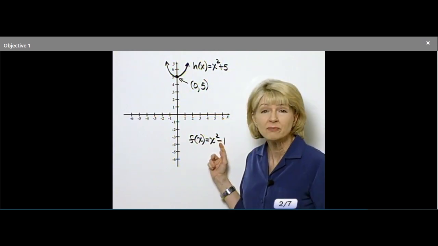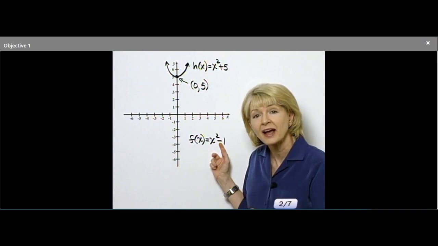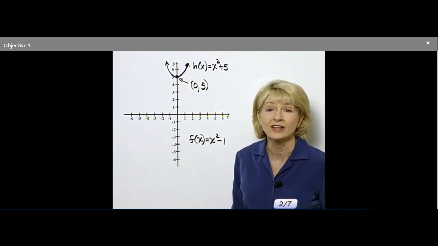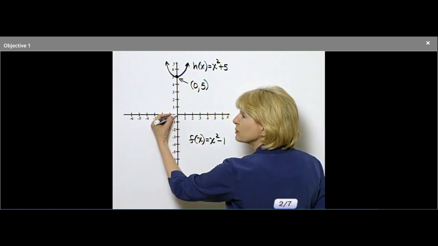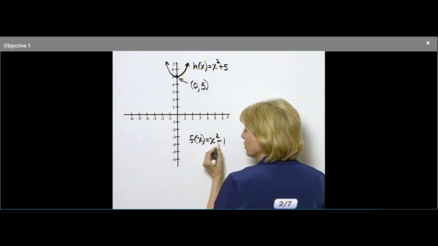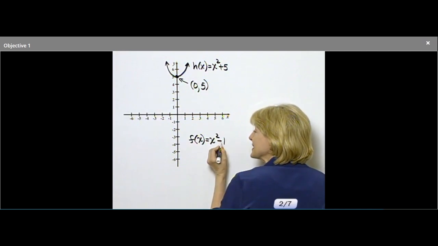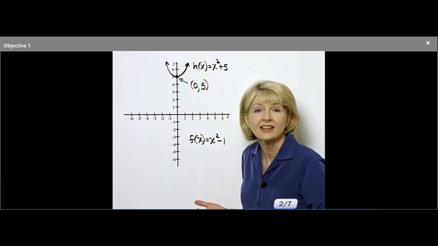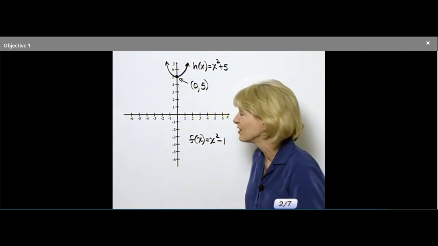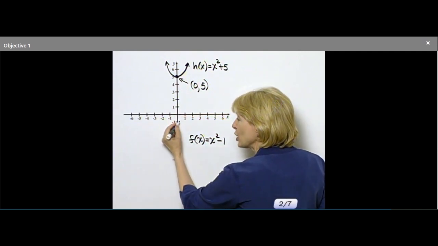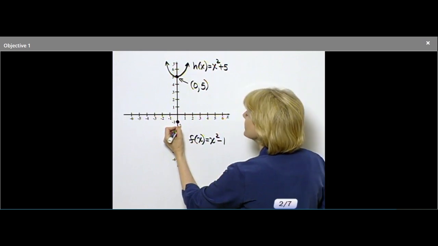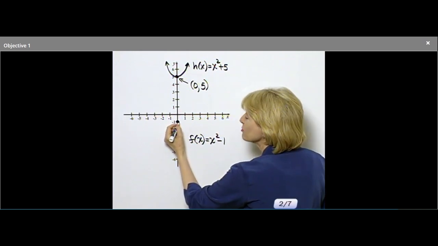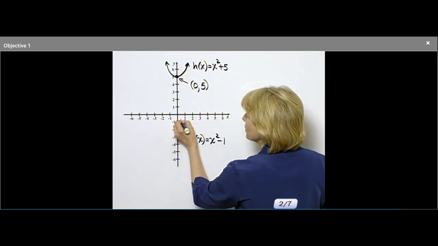But what movement does this cause, the minus 1 tacked on to the x squared? Instead of the vertex being at (0, 0), now you move the parabola down 1 unit. It's as simple as that right now. So move the parabola down 1 unit. Here is now the vertex, and it's the exact same shape as before.